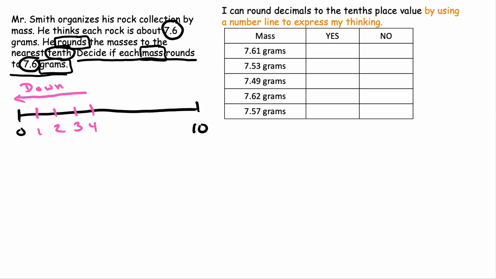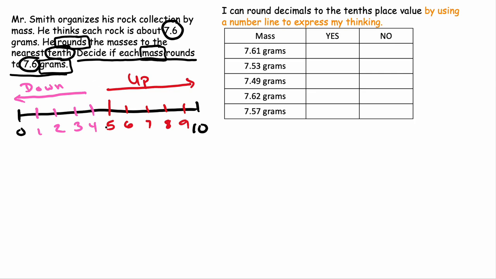If we have a digit that is 5, 6, 7, 8, or 9, we're going to be rounding up. You might remember: 5 or more, up the score; 4 or less, let it rest. We're going to use that same rule for our word problem today.